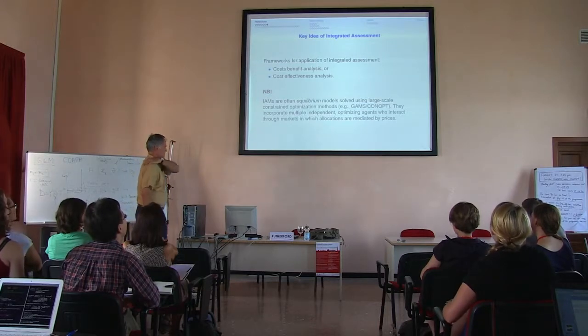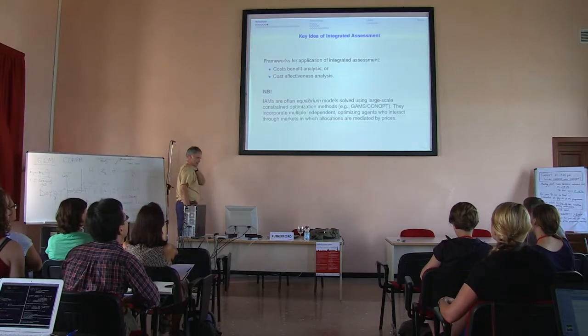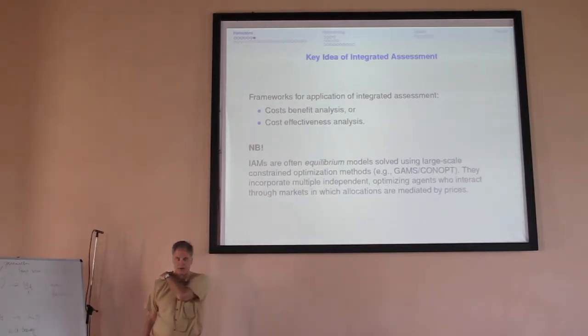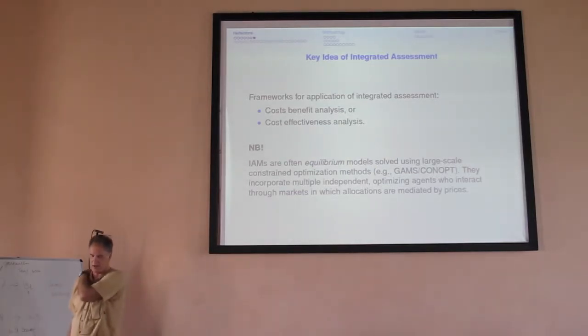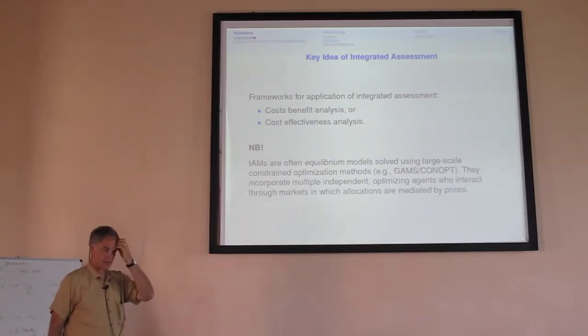One of my big pet peeves here is this idea that the key is cost-benefit analysis or cost-effectiveness analysis, but that's an equilibrium model operating underneath the hood. I like to think about the model as beginning by first describing the world as we see it. So we want to have a model that describes investment decisions.